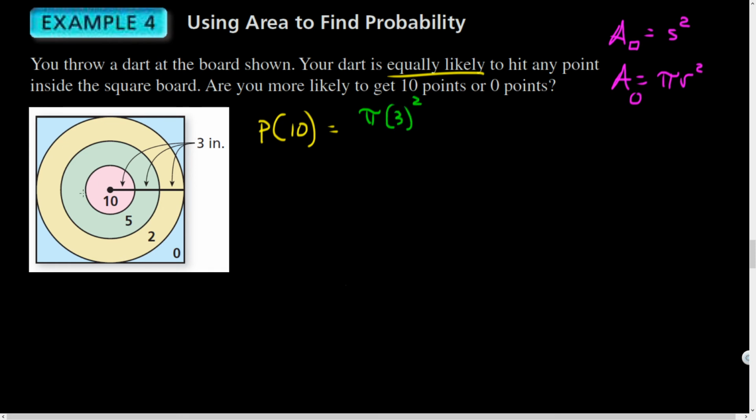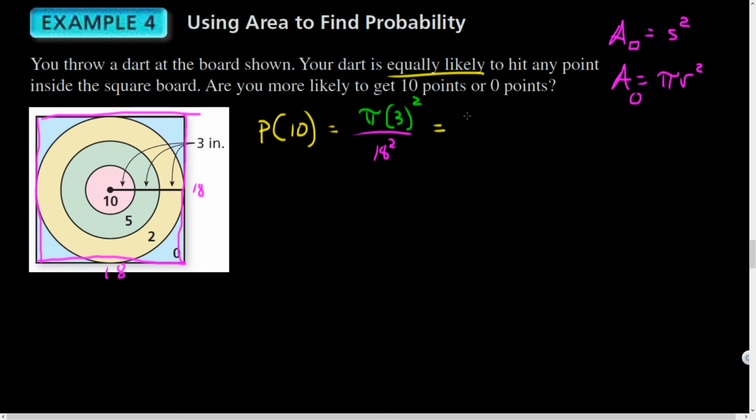That would be the area of the successful region over the entire region, which is the square board. And the dimensions of this, if 3 plus 3 plus 3 is 9, and that's halfway across the square, so that is an 18 by 18 square. So 18 squared is the total outcome.